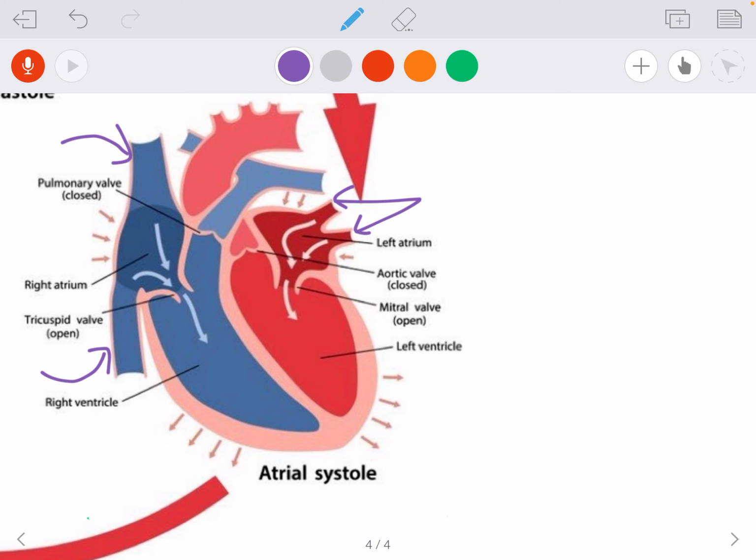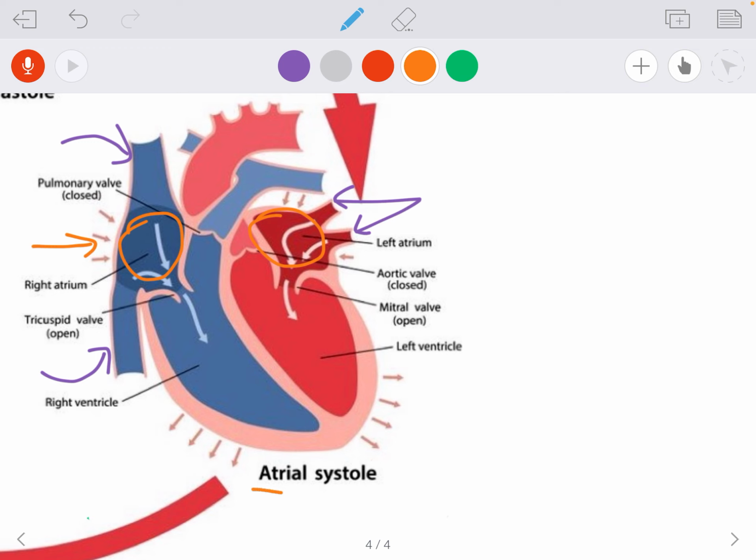This blood, whether it's oxygenated or deoxygenated, must flow down to where? To both ventricles. But how? The two atria must contract in order to pump blood to both ventricles.